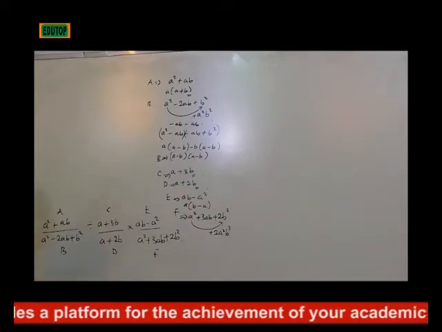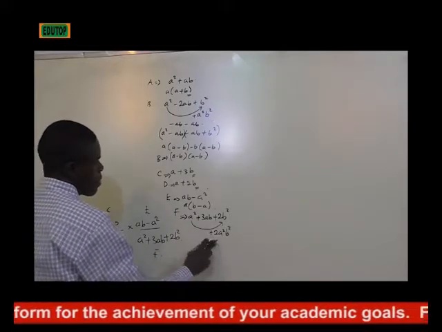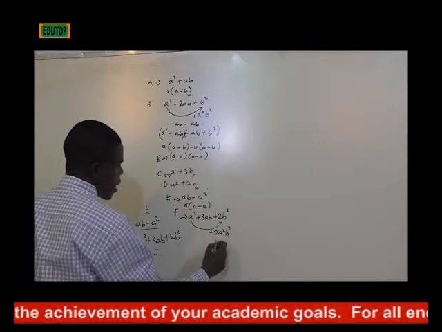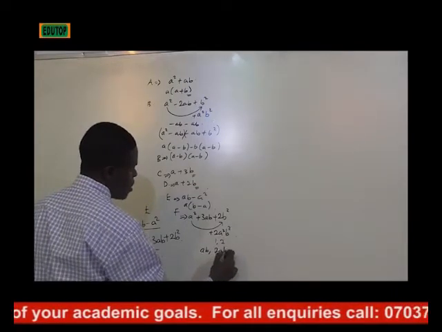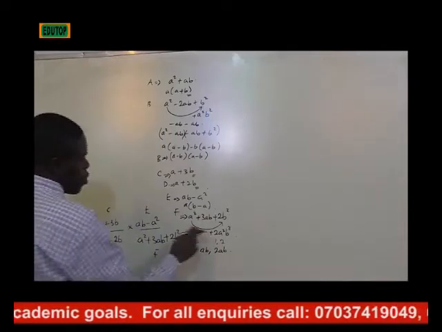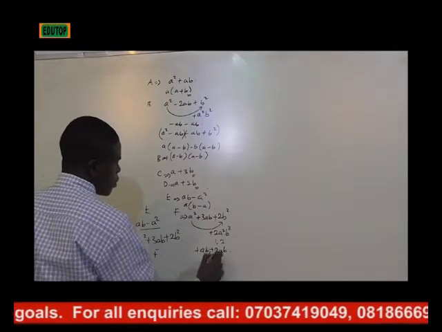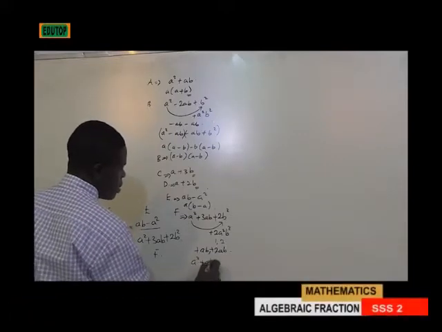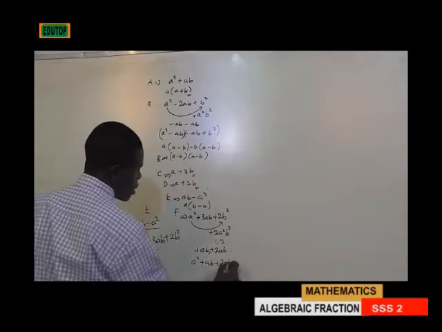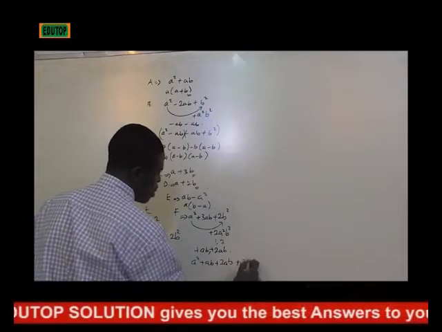So here, the factors of this are 1 and 2. So we have ab, 2ab. So plus this, plus this. So we substitute this into this. We have a squared plus ab plus 2ab plus 2b squared.